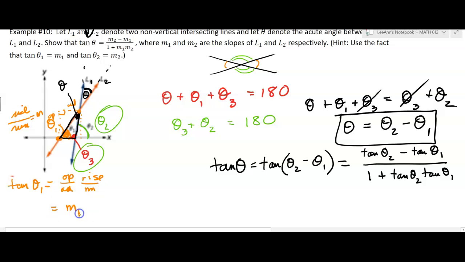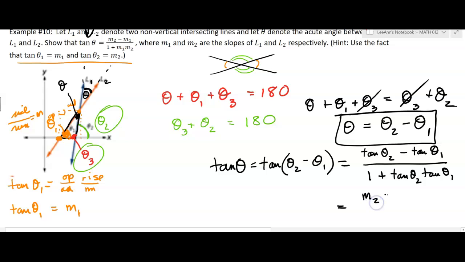So it's the slope for that line. Tangent theta sub 1 is equal to m sub 1, and you can do the same thing with tangent theta sub 2. But this was all in the hint right here. I was just trying to explain the hint, like why we can say that. That's great news, because now the tangents can be replaced with the slopes.